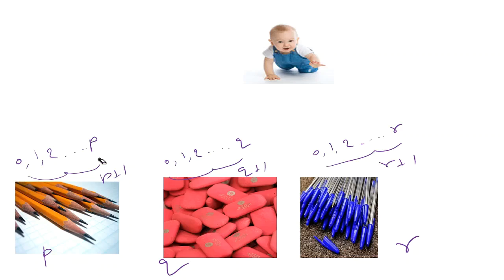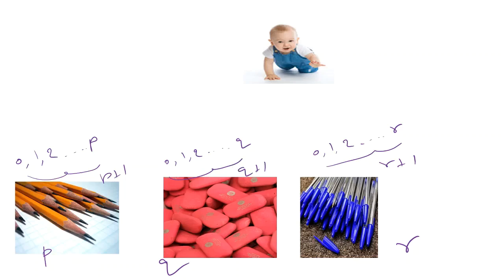So the number of ways of selecting pencils is equal to p plus 1. And similarly the number of ways of selecting erasers is equal to q plus 1, and the number of ways of selecting pens is equal to r plus 1. Therefore the number of ways of selecting any of these objects is equal to p plus 1 times q plus 1 times r plus 1. That is without any restriction.